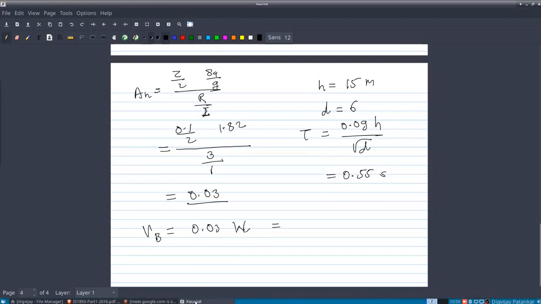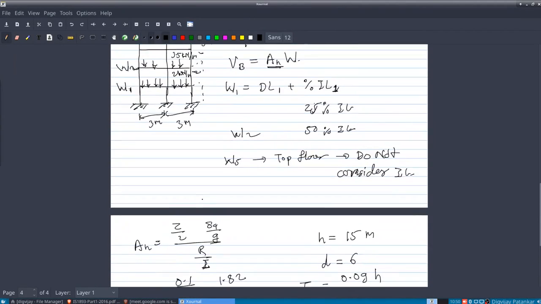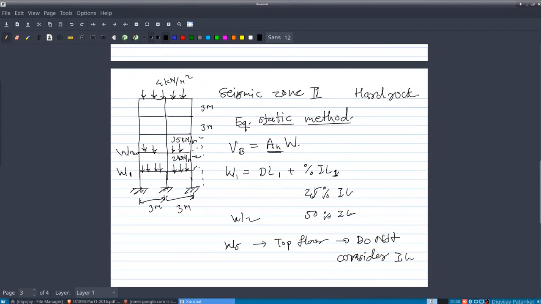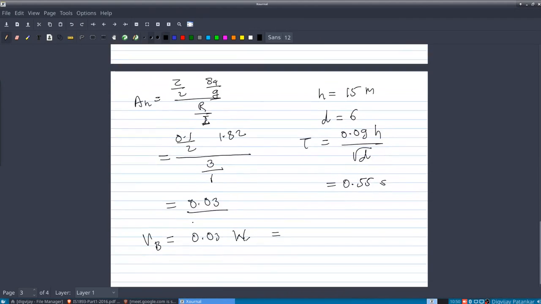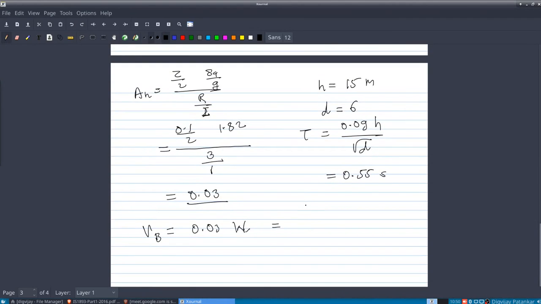So that means here the forces will be something like Q1, Q2, so on up to Q5.